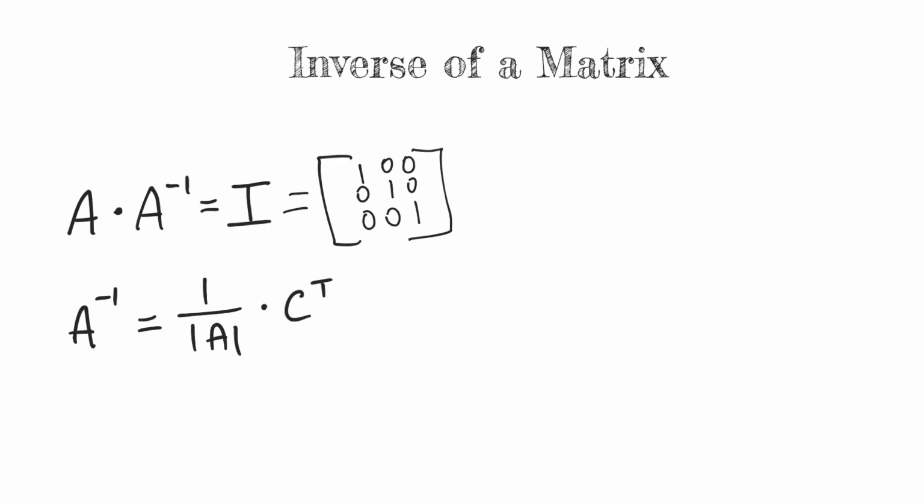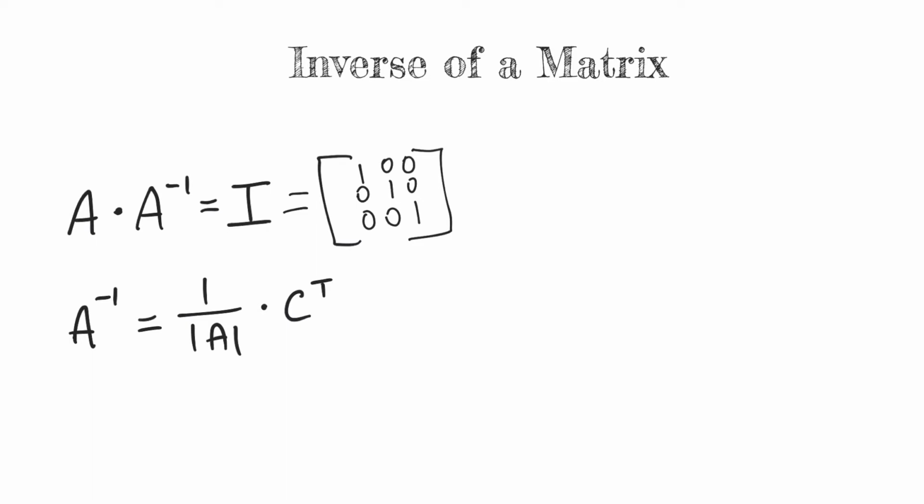And another way to define it is it's the inverse of the determinant of the original matrix A multiplied by the transpose of its coefficient matrix. We will take a look at what coefficient matrices are in just a second.